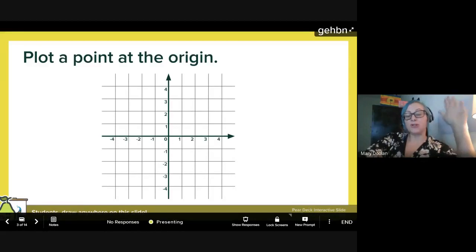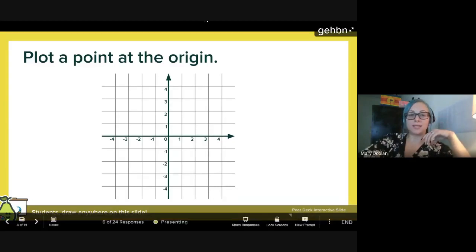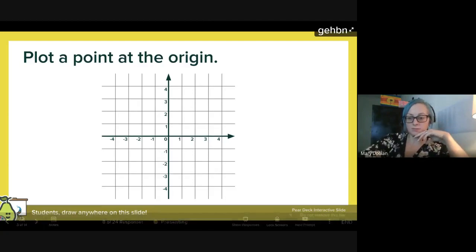Okay, so here's your first interactive slide. Everyone's going to go to their Pear Deck tab, and you're going to plot a point for me at the origin. So you have to remember, where's the origin? Plot a point there.